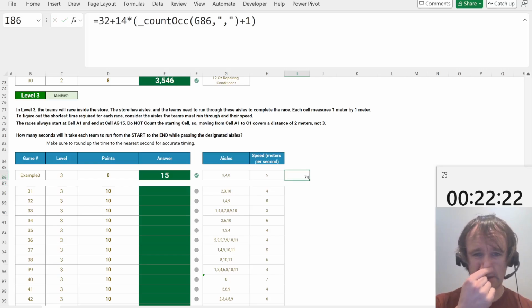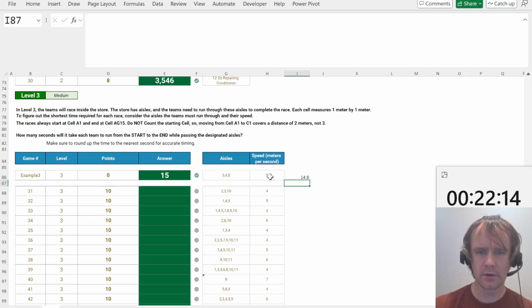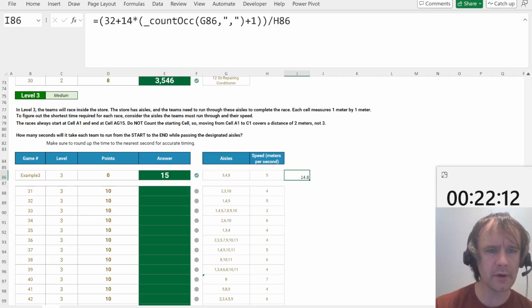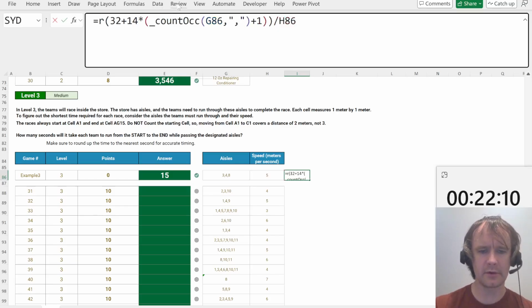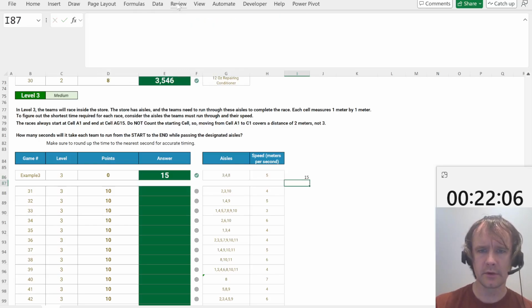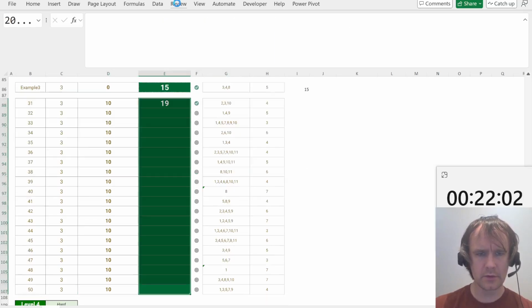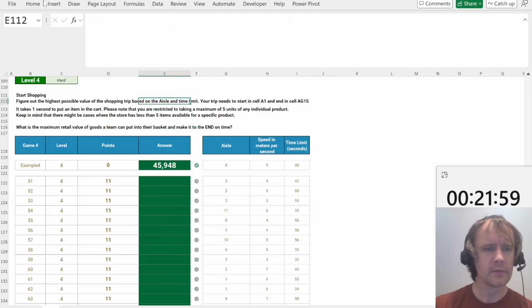So that's the distance, speed in meters per second. So I guess 14.8, and we're going to round up to the nearest second. Round up all of that. Okay, happy days.